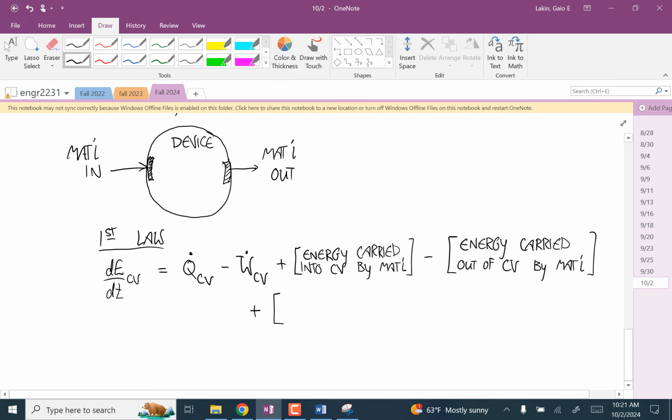Plus the work done on the control volume by pressure at the inlet.